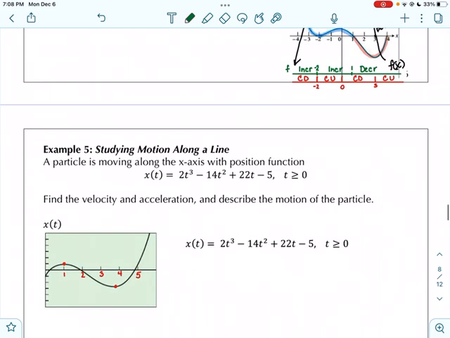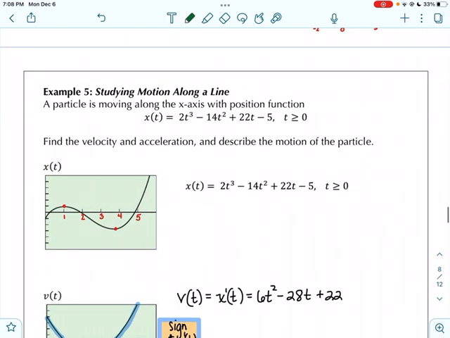This is particle motion. With particle motion, a particle is moving along the x-axis with the position function given of x of t. So when you look at this, we have x of t, and we have the units on the graph, and you can figure out what the units are if you're looking at the function itself.